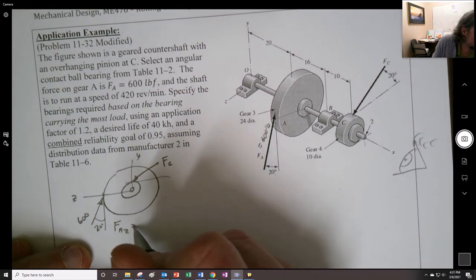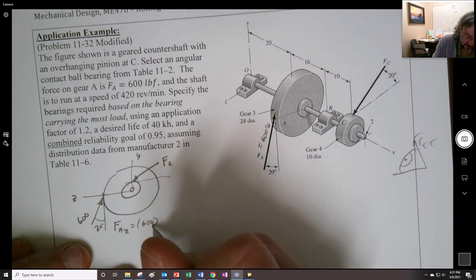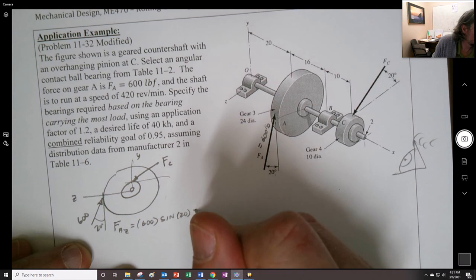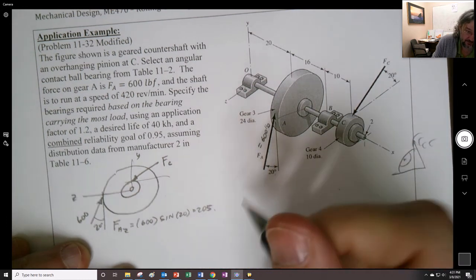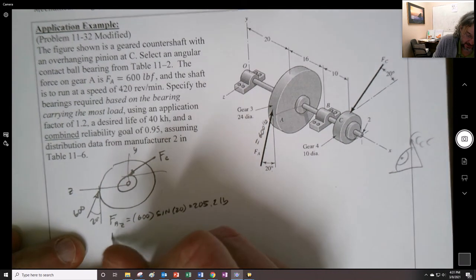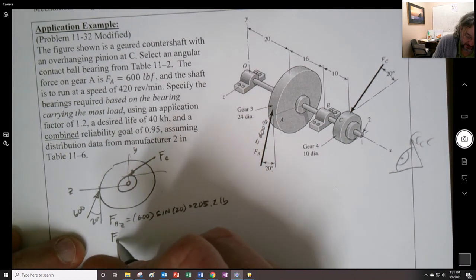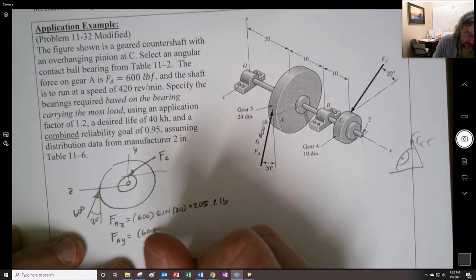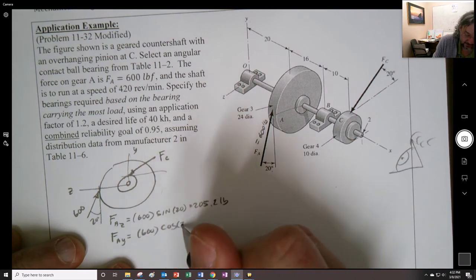FAZ is going to be our 600 times the sine of 20, which is 205.2 pounds. And then FAY is 600 times the cosine of 20.